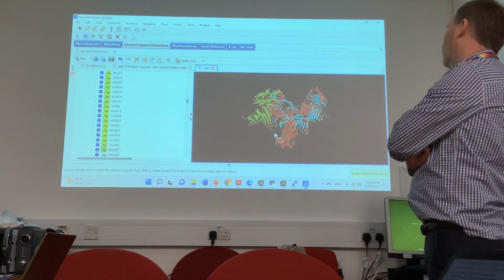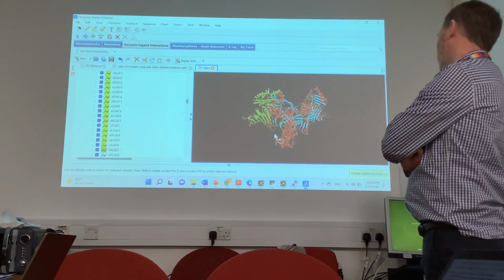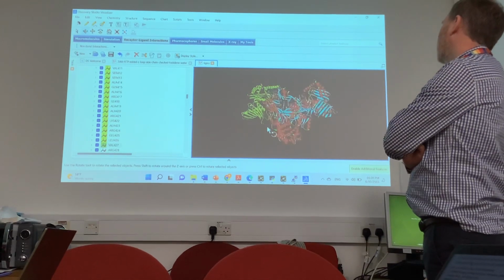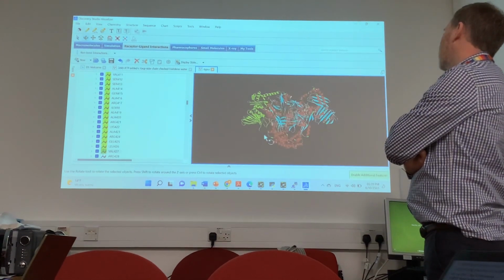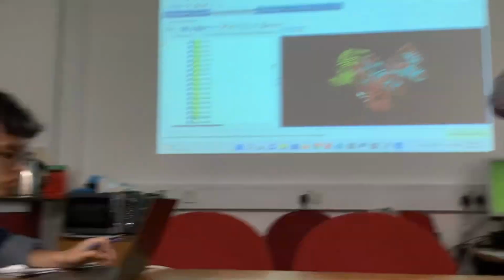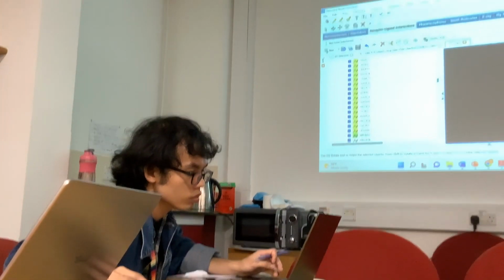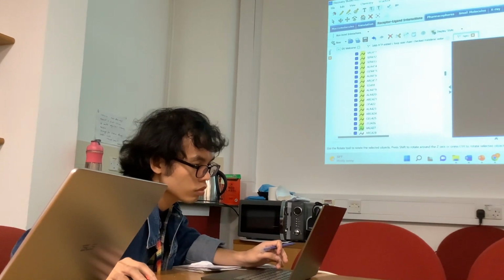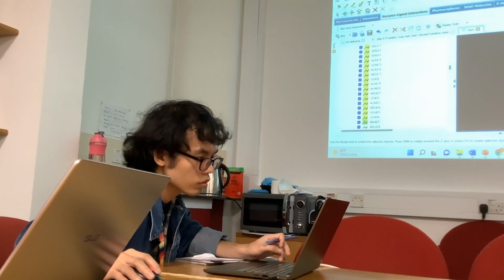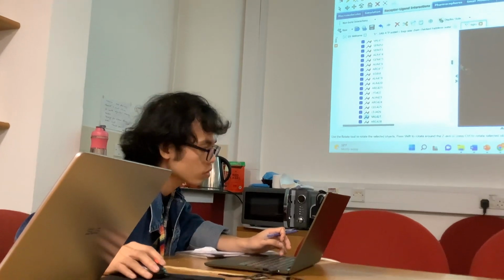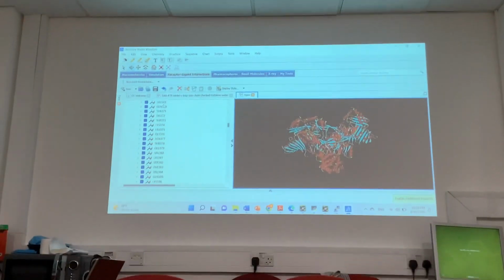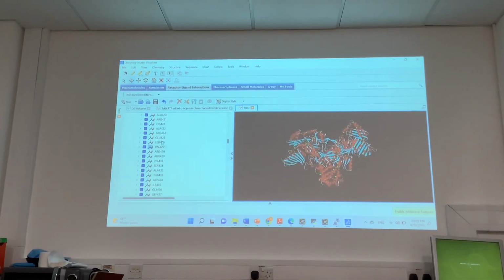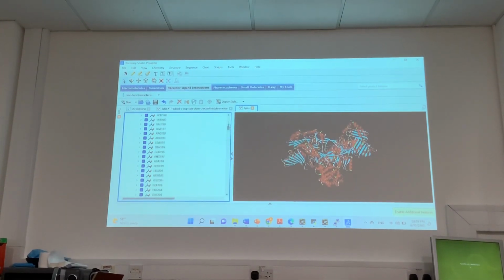This is not the state we're simulating. This is the open state in which the yellow bits are still really apart. There will be a point where they get together and form a dimer, right? Correct me here if I'm wrong.